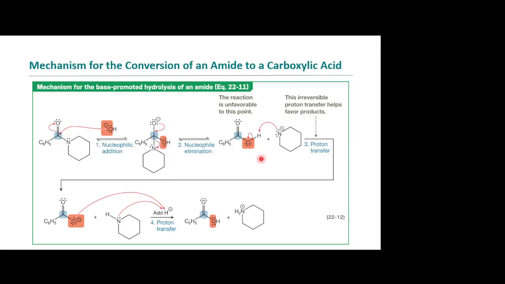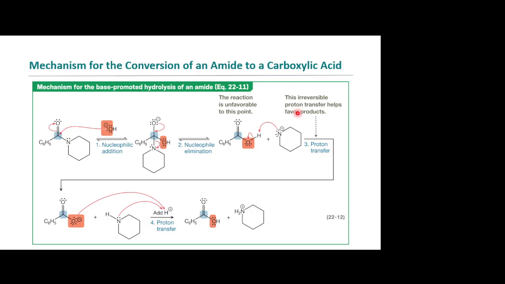Anyways, it falls apart. What we're going to get then is the carboxylic acid right here. This reaction's actually unfavorable up to this point. This is the point where this reaction would be unfavorable if we were to stop here, and we would not get much product, if any. Okay. But this carboxylic acid is right next to a pretty good base, isn't it?